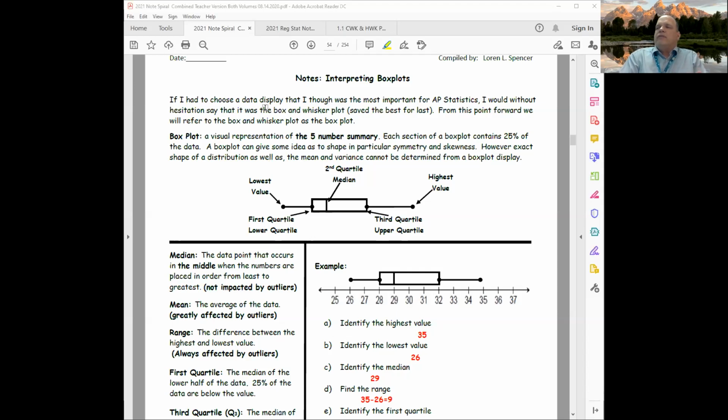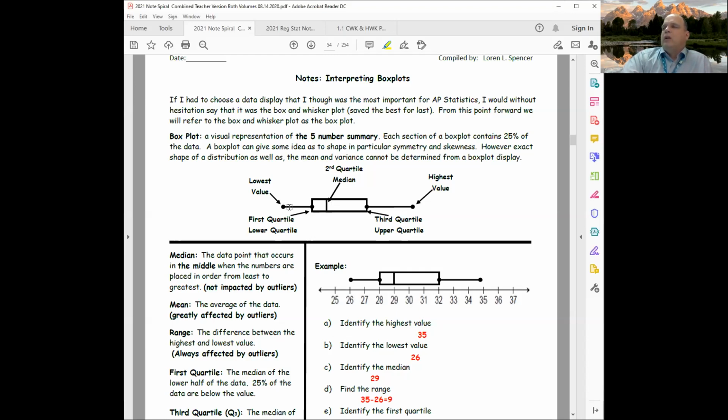So first off, a boxplot is a visual representation of the 5-number summary. That's what came up on your calculator when we did STAT, CALC, 1-Var Stats. Basically, it shows the lowest value, the first quartile, or Q1, the median, which is the second quartile, or Q2, the third quartile, 75% of the data, and the highest value, or the maximum.